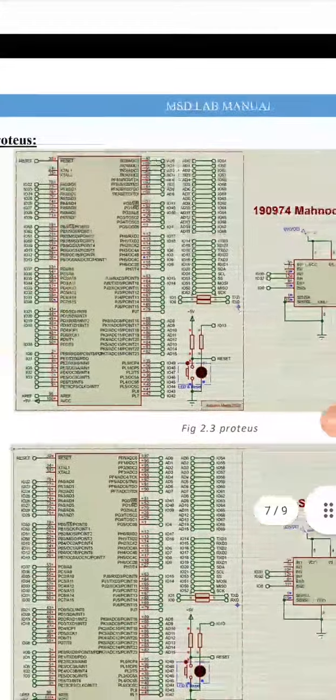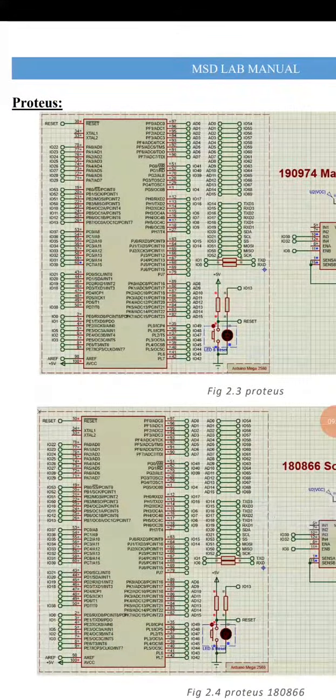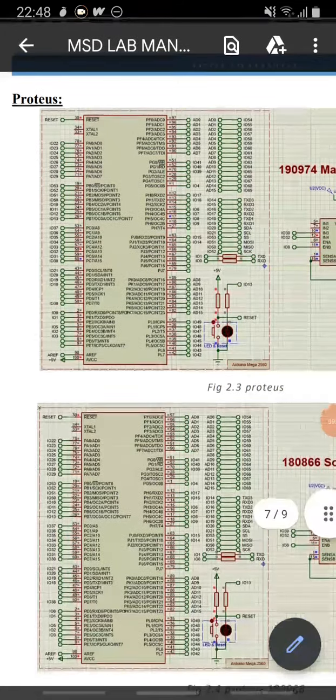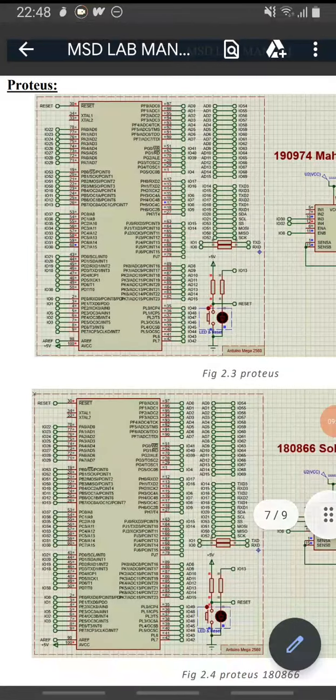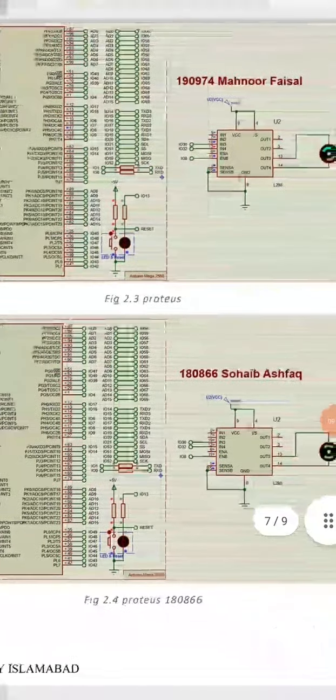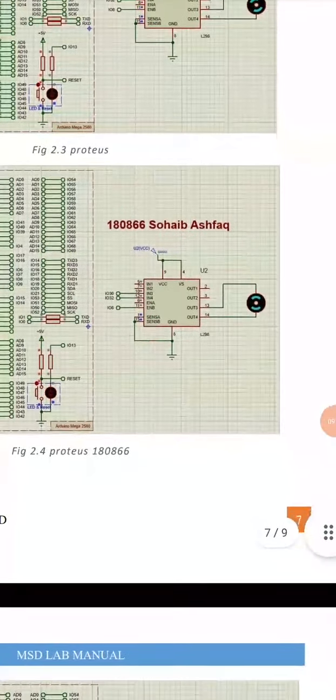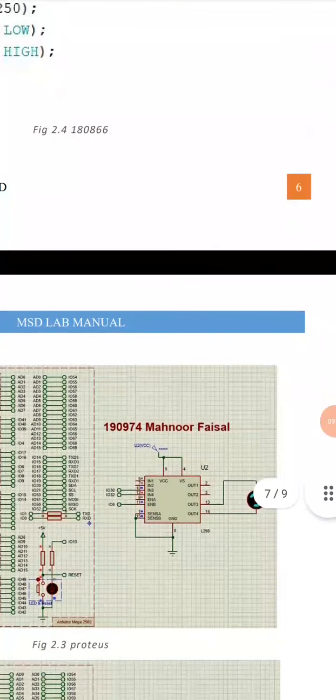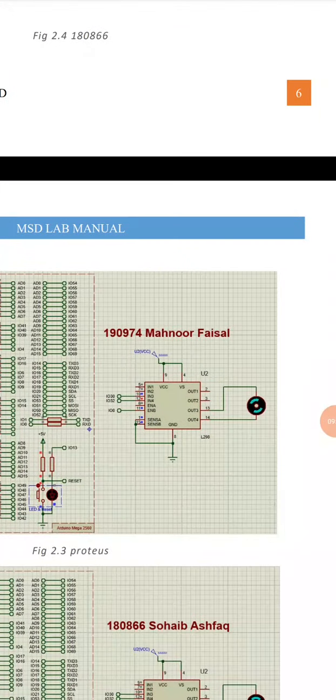You just need a simple Arduino. This is an Arduino Mega, because I was working on Arduino Mega, so I used it. You can also use Arduino Uno or Arduino Nano. It's up to you, and it has fewer pins, so you can use it easily. This is the motor driver, and with the motor driver there is a motor connected.